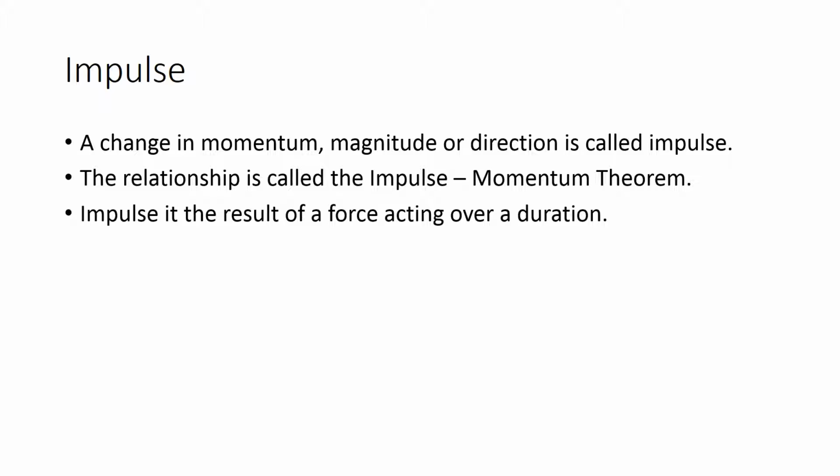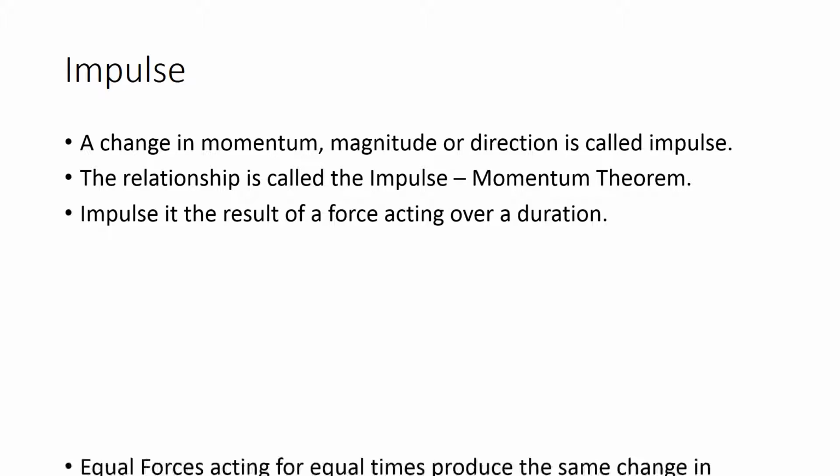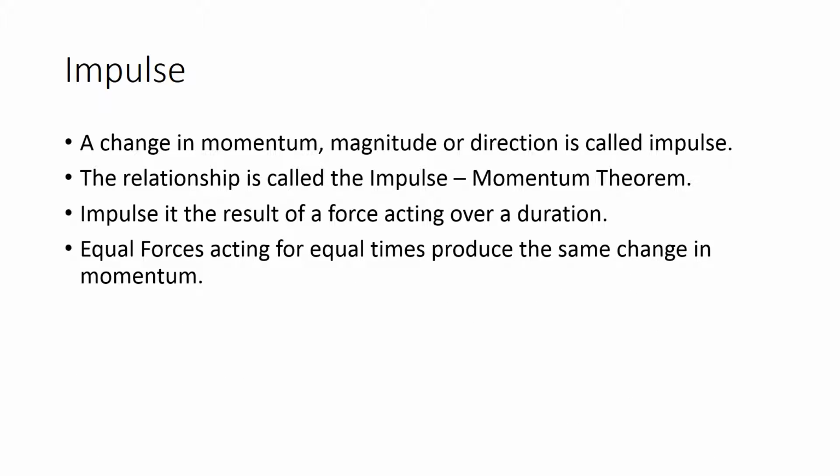Force times duration gives you impulse. Equal forces acting for equal times produce the same change in momentum. I think you will be surprised at the amount of physics that can be done with this very simple concept. The rest of this chapter really and truly only deals with applications of these basic concepts in momentum and impulse.